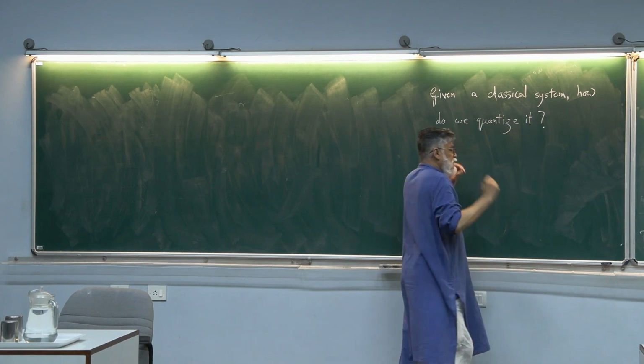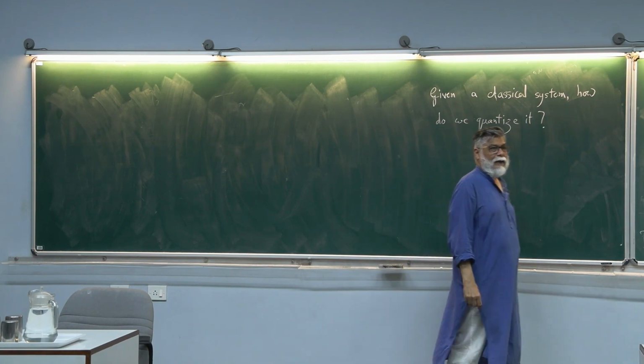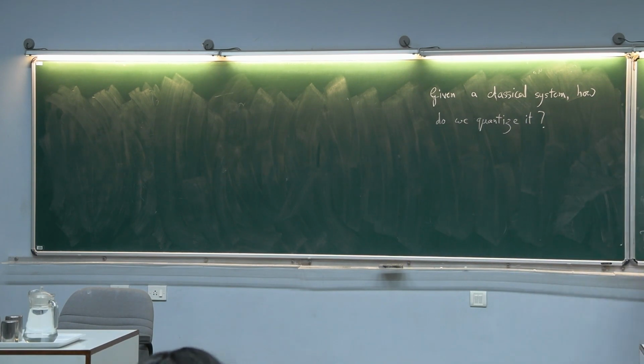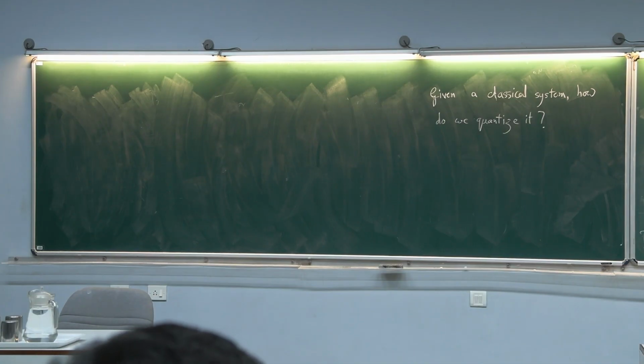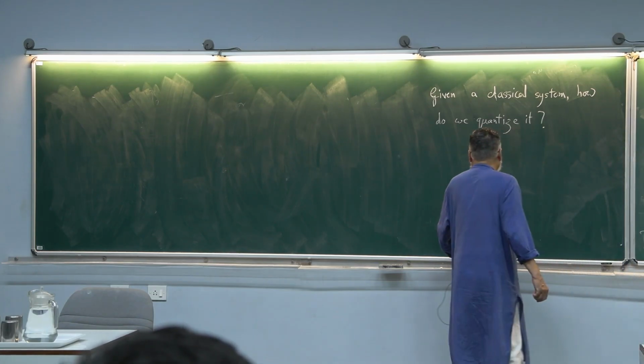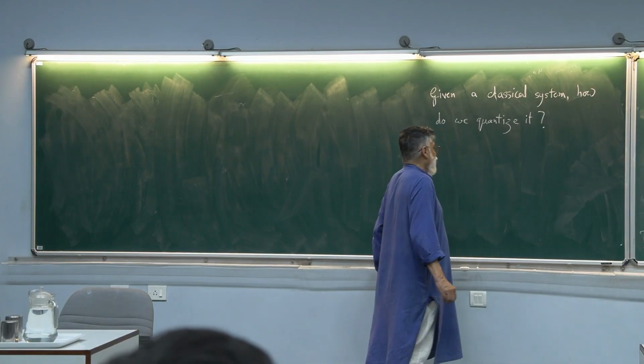This process is called the canonical quantization method, and I'll illustrate it using the simple harmonic oscillator. But before that, what do we mean by saying that we are given a classical system?